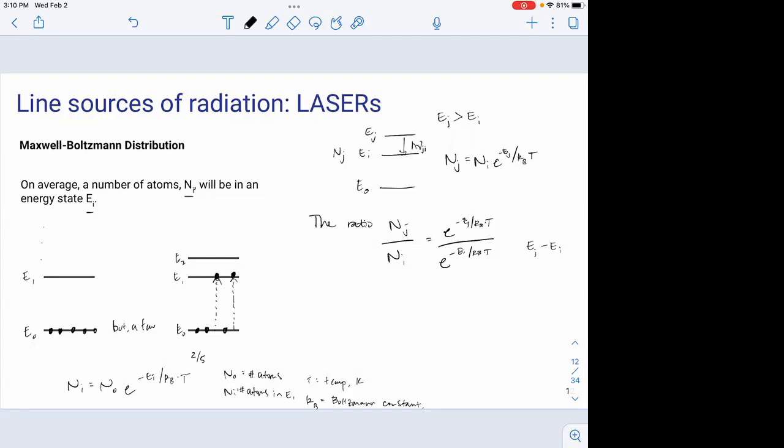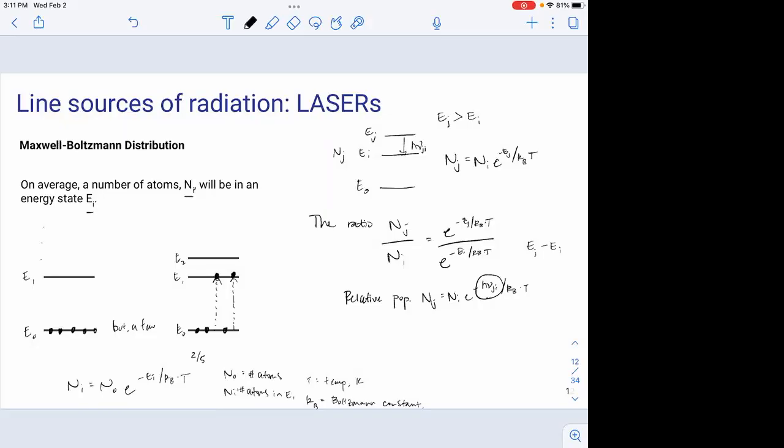If that's true, then I can write that the relative population in energy level J is Nj equal to Ni multiplied by e to the negative energy of the photon that's released here, over K multiplied by T. So I can get the release of a photon of a particular energy through the radiative decay of an excited state molecule from one state to another.